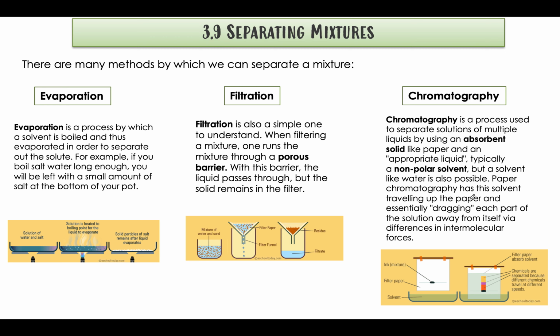Paper chromatography has the solvent traveling up the paper, essentially dragging each part of the solution away from itself via differences in intermolecular forces. So basically, you put the paper in the solvent, and as the solvent goes up the paper, chemicals are separated because they travel at different speeds because of intermolecular forces.